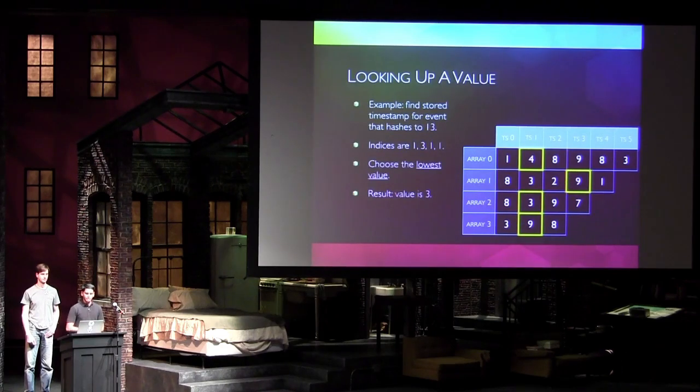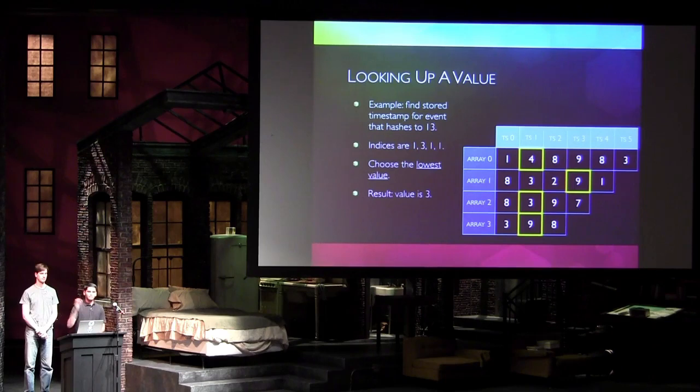And again, when we're looking up a value to see when we last saw a category, we look at all the cells that it hashes into, and then we get a list of timestamps. What we do is we pick the lowest timestamp, because if you have different timestamps, it's because different categories are hashing into the same location, and there you get collisions.